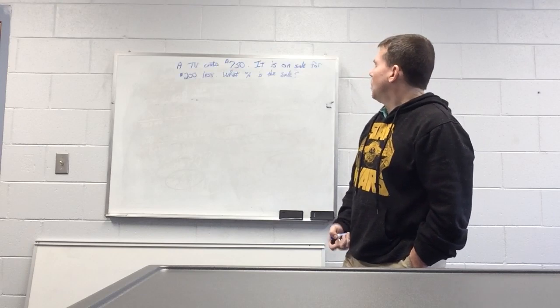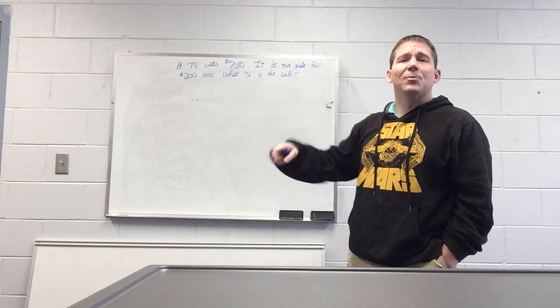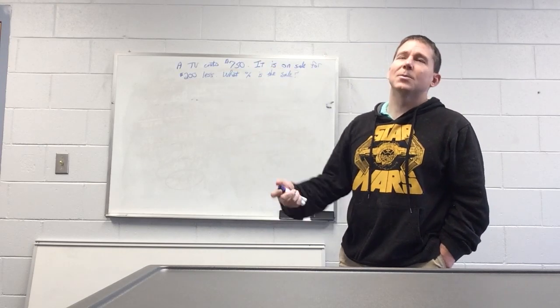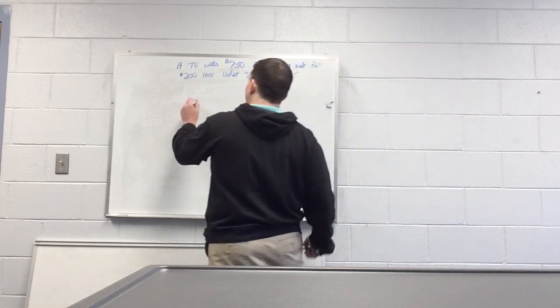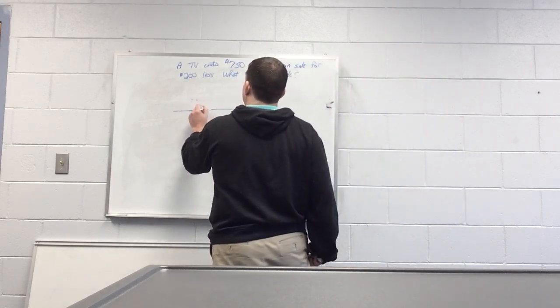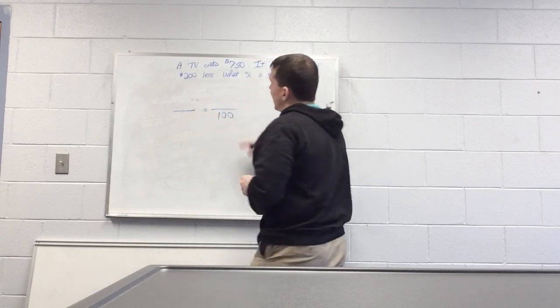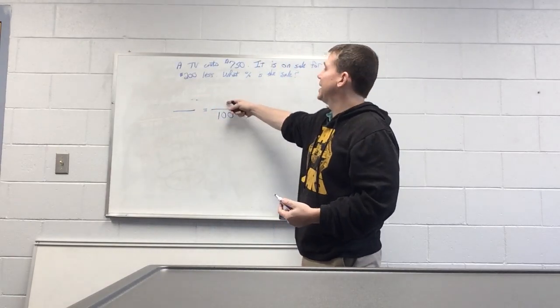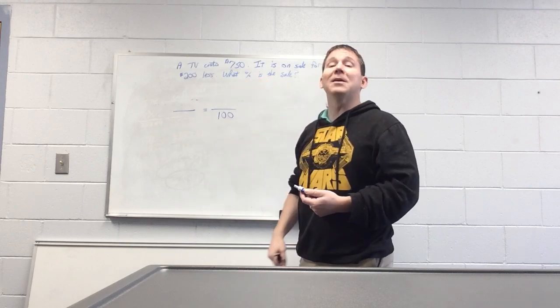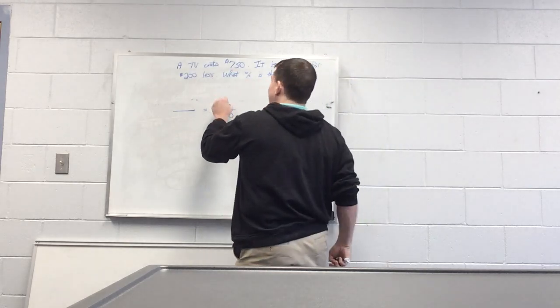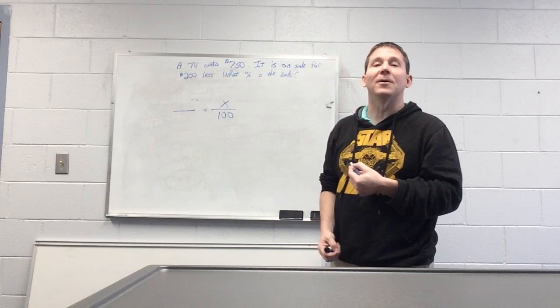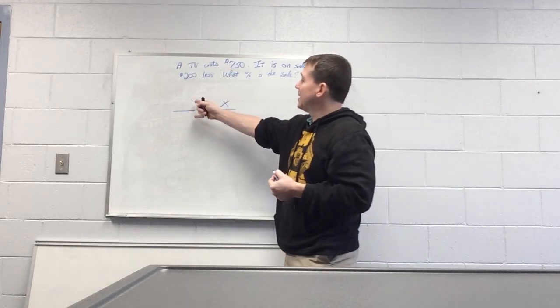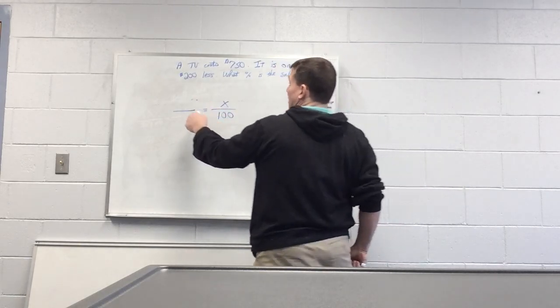So what do I do? Well, I'm clearly talking about a percentage. If we're talking about percentages, well, we're talking about proportions. So I set up my proportion. I know this is 100. I know the percentage goes here. Normally I'm given a percentage and I stick it in there. Here I'm actually looking for the percentage, which tells me I have to put an X there, because that's what I'm looking for. Now I need to fill in this side, but we know how it works.